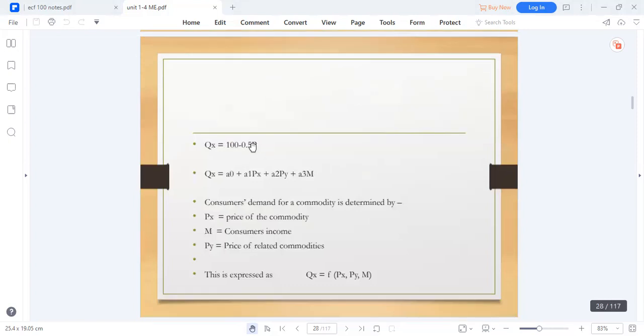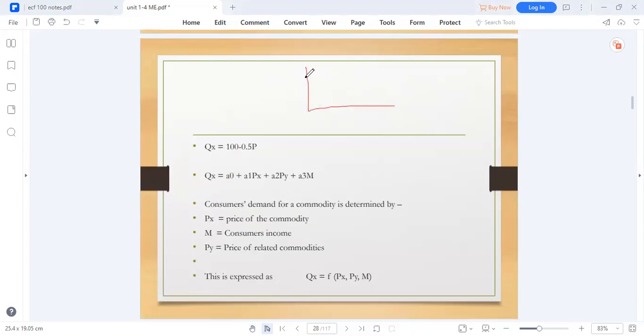So a demand equation is usually downsloping because of the inverse relationship that exists between price and quantity demanded. The demand function is given by P = A - BQ.